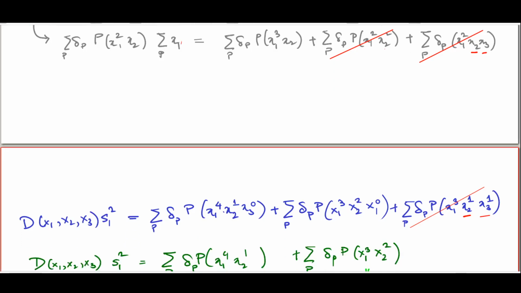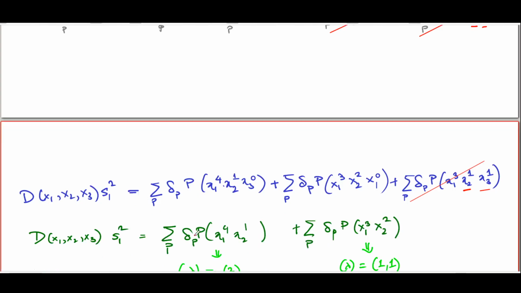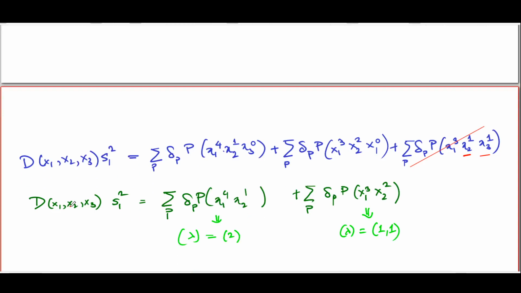So we essentially end up with two pieces. Delta p p, x1 to the 4, x2 to the 1, and delta p p, x1 cube, x2 to the 2. Remember, we started out with x1 square, x2 to the power 1 in D. So these extra powers that we have got, these are the two possible partitions of the 2 here.